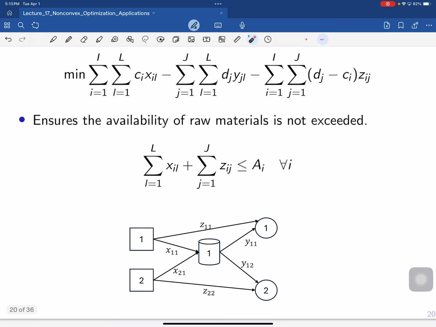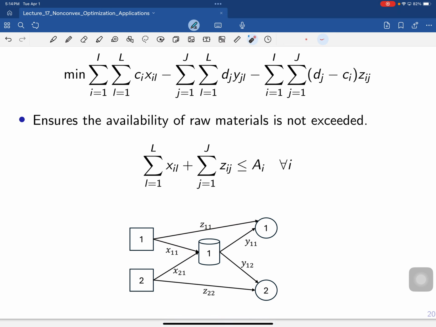The first constraint is to ensure the availability of raw material is not exceeded. So a_i represents the availability of raw material i. Okay, so that means, let's say this is raw material 1, all the edges that are going out of the raw material have to be within the capacity.